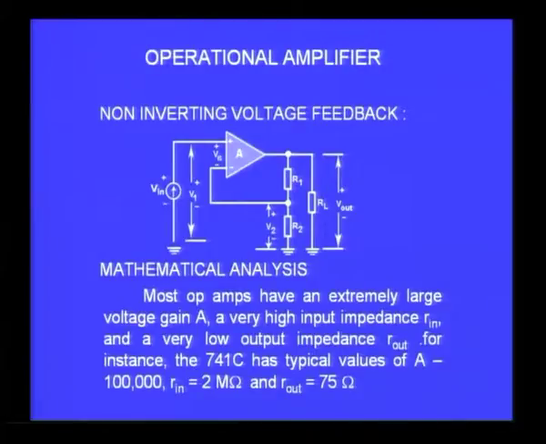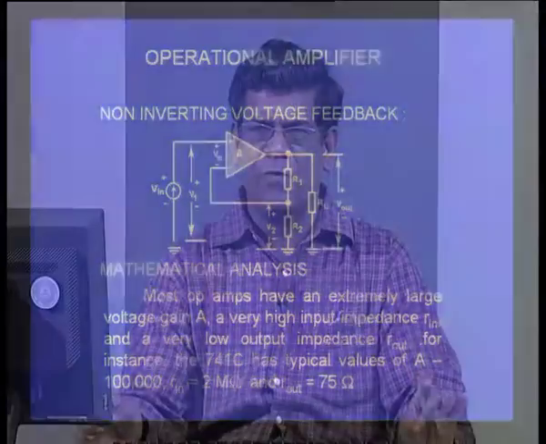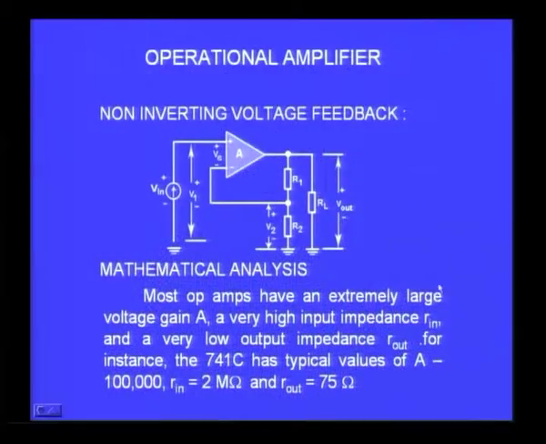Okay, now having looked at the operational amplifier, let us now take one simple configuration of the operational amplifier. You can see you have this symbol of an operational amplifier. We normally do not show the dual supply, which I already explained to you in the previous lecture, corresponding to V plus and V minus, and you have the input signal connected to the plus, and there is a feedback that is given here. The feedback is a very simple configuration.